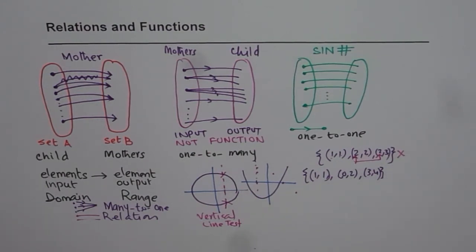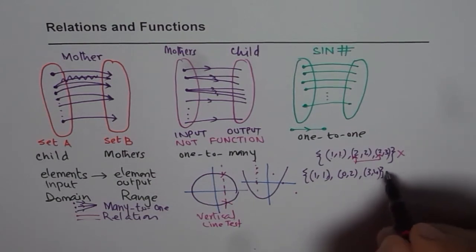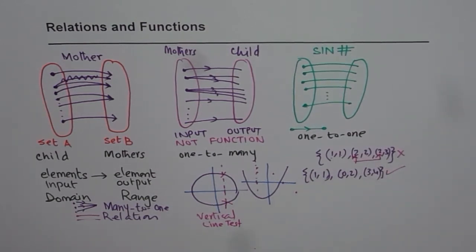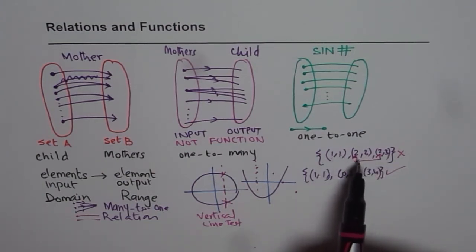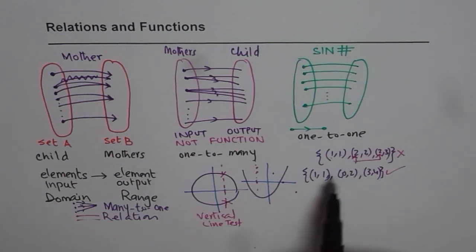So this one is a function. So when given in the ordered pair form, we are looking for matching x values. If you find one, then it is not a function. But if you don't find any repetition of the x coordinates, then it is a function.